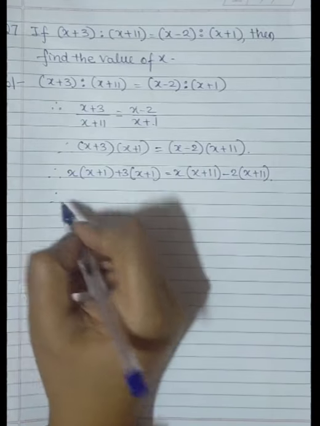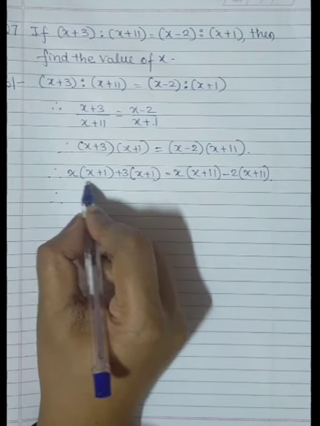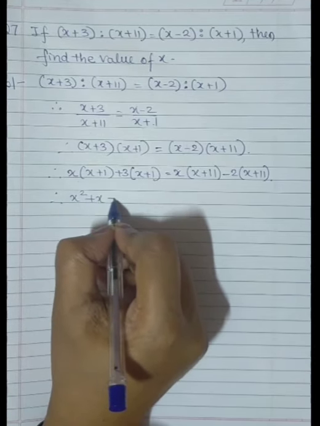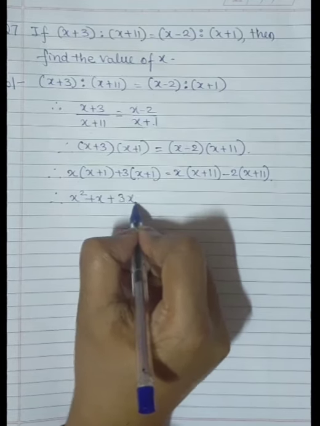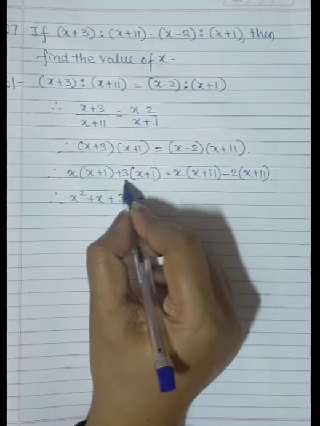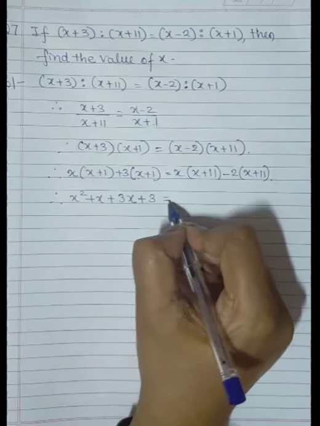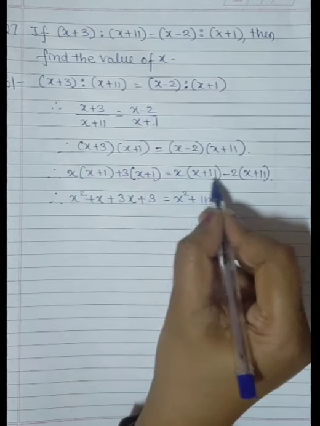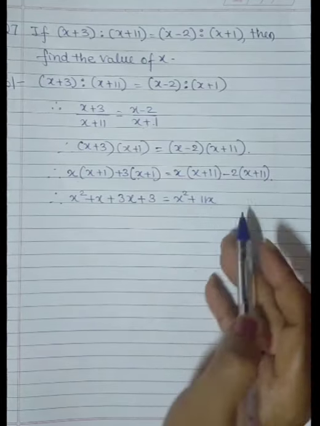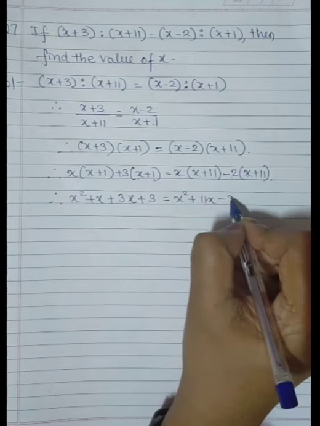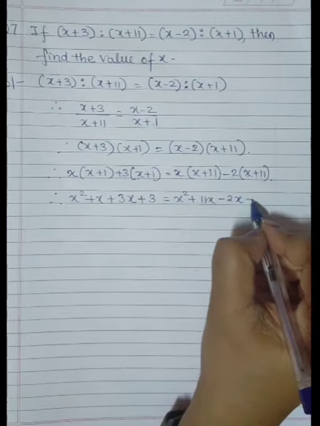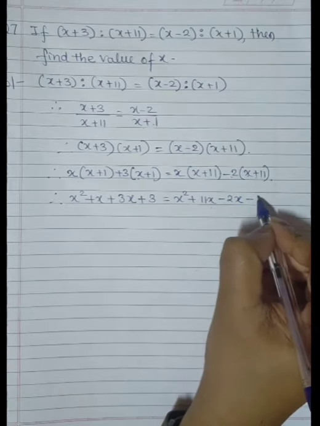Now next step is x into x will be x square plus x plus again 3x, then again plus 3, equal to again x square, then plus 11x, then multiply this with this, 11x minus, then again 2x, minus into plus minus will come, then 2 elevens are 22.